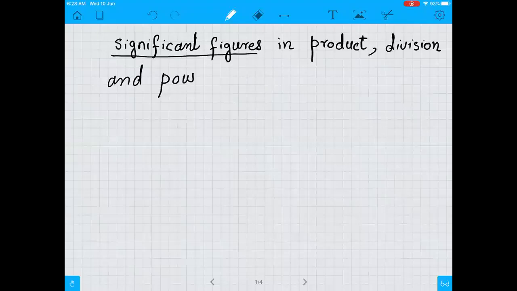Last time we studied the rules for significant figures for plus and minus. Now today we have to study the rules for product, division, and power.